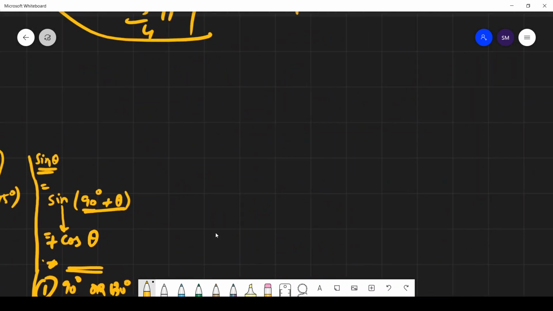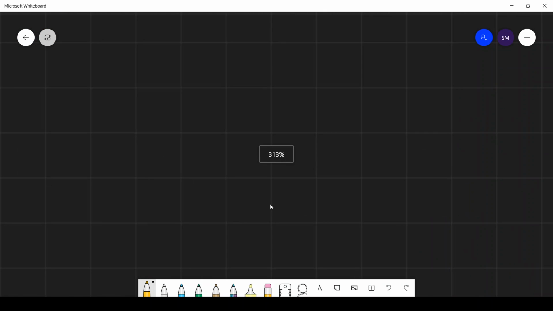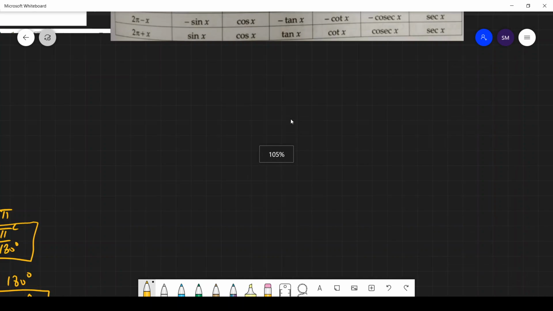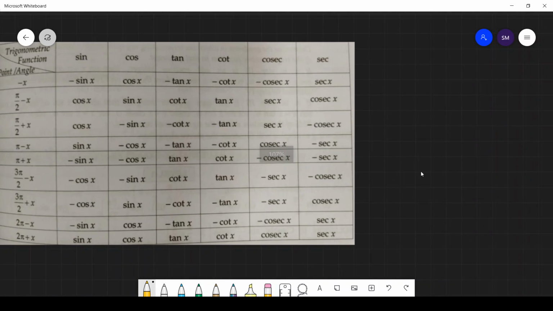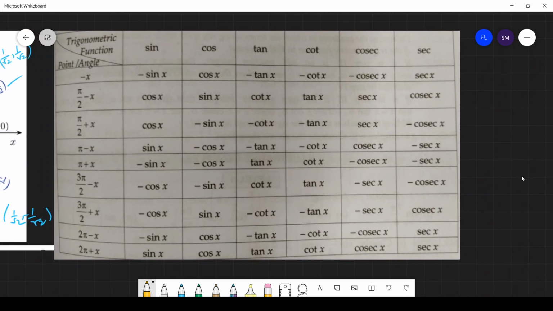For this also there is a table. This is the table that I have for this. We have just done this question.